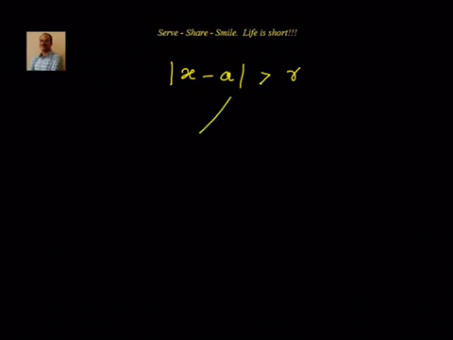Now tell me what will happen. We have two scenarios. In one scenario x minus a is greater than or equal to 0, that means x is greater than or equal to a. In the other scenario x minus a is less than 0, that means x is less than a. In the first scenario modulus of x minus a will be x minus a only, so I can say x minus a is greater than r, or nothing but x greater than a plus r.